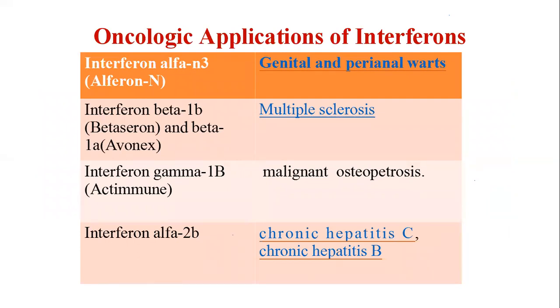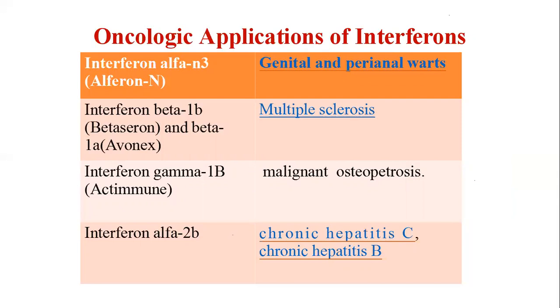Now, some clinical applications of interferons. Interferon alpha N3, also known as Alferon N, can be used for genital and perianal warts treatment. Interferon beta 1b, also known as Betaseron, and beta 1a, Avonex, can be used for multiple sclerosis.